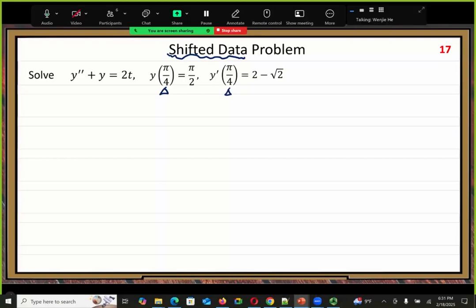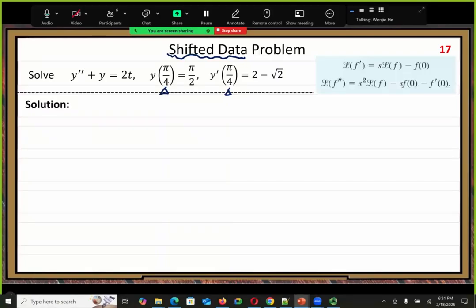We know initial conditions can occur anywhere, not necessarily at 0. But our main derivative formula, let me show you, these two use the initial values at 0. If it's not at 0, then your initial condition cannot be used. That's the technical difficulty.